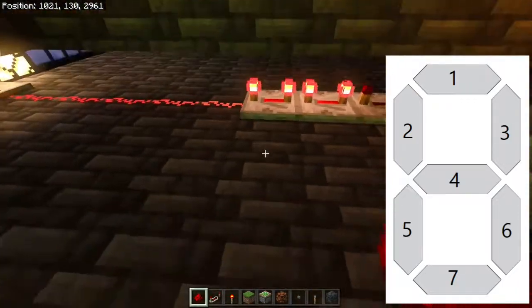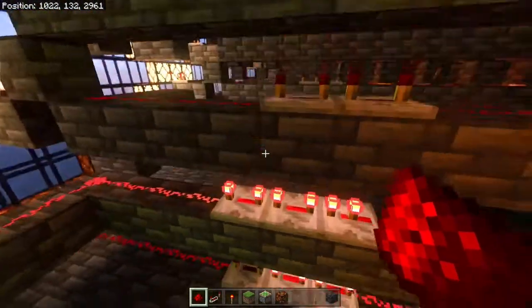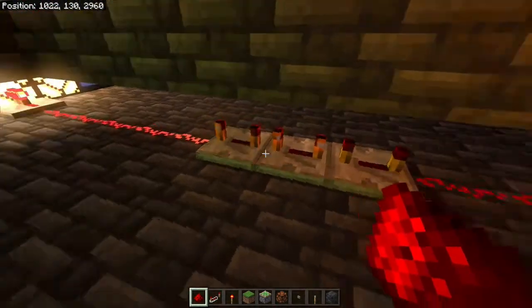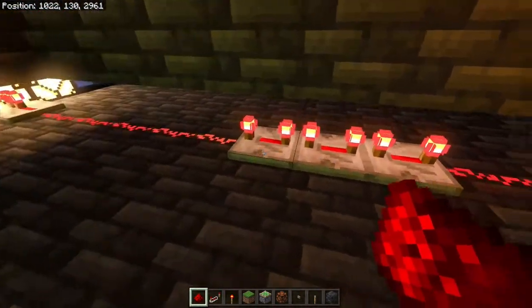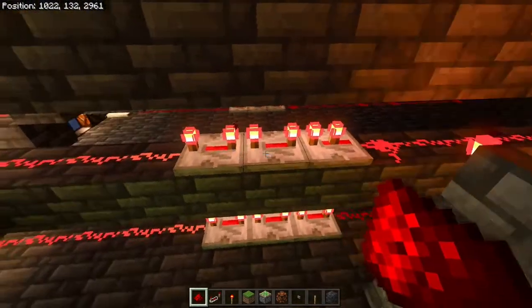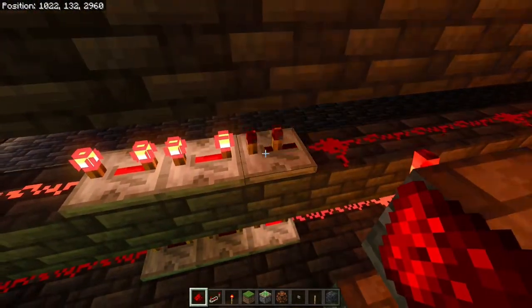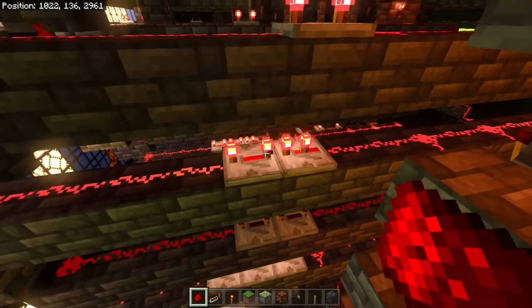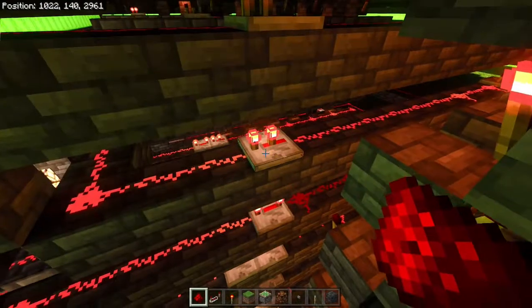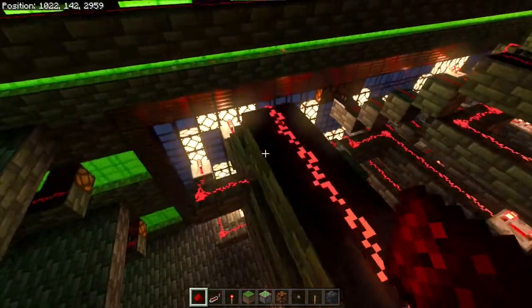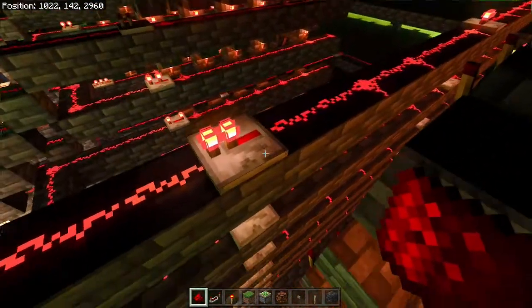Now these repeaters here, you notice there's 3 4-tick repeaters here to cause 12 ticks of delay. Here there's 2 4-tick repeaters and 1 2-tick repeater for 10 ticks of delay. This one has 8 ticks of delay, 6 ticks, 4 ticks, 2 ticks, and 1 tick because I just need to be able to continue the circuit or else it'll die before it gets there.